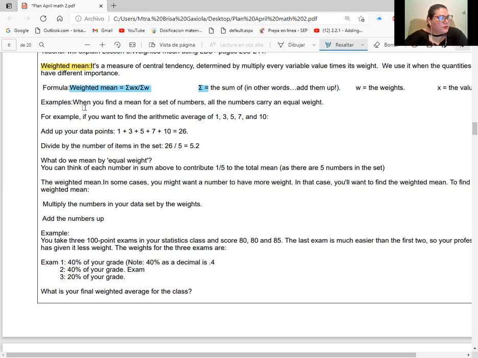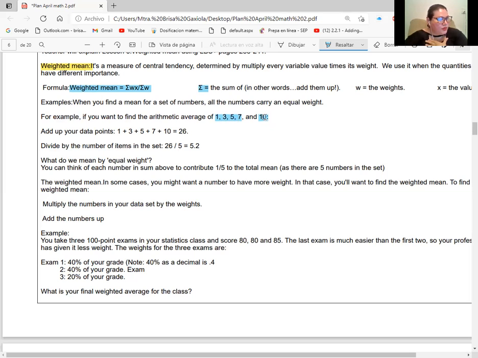Okay, so we saw before the arithmetic average or arithmetic mean, which is the normal average that we already know. In this case, we have an example where the set of numbers given are these 5 numbers: 1, 3, 5, 7, and 10.